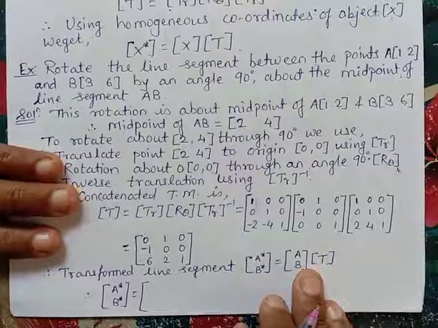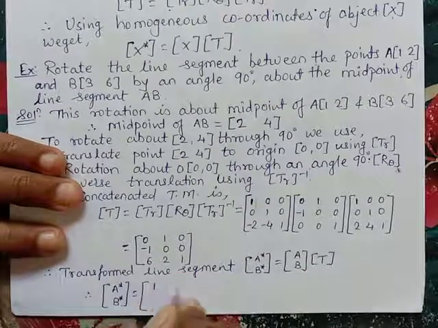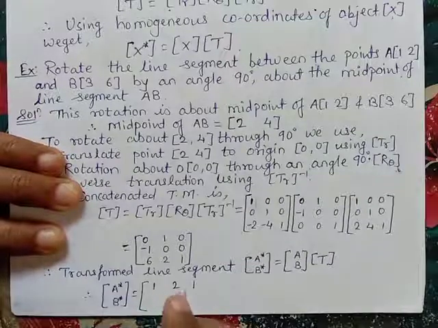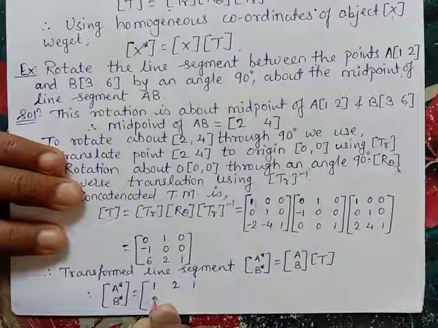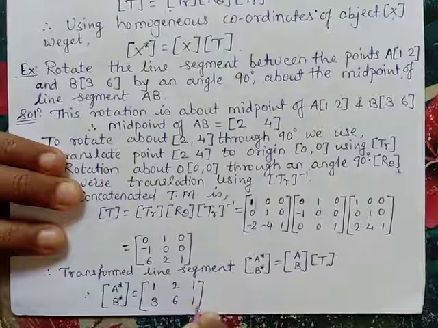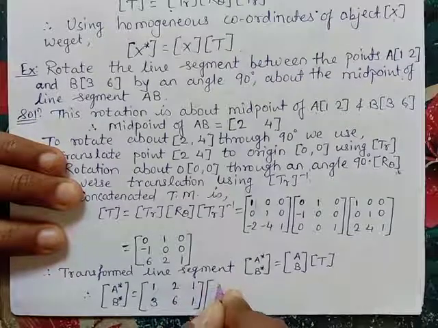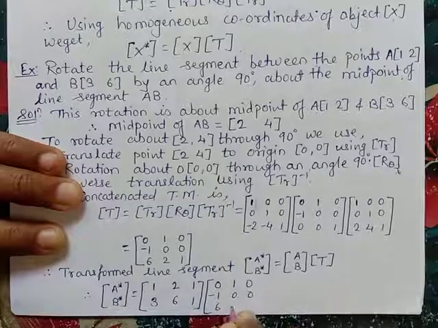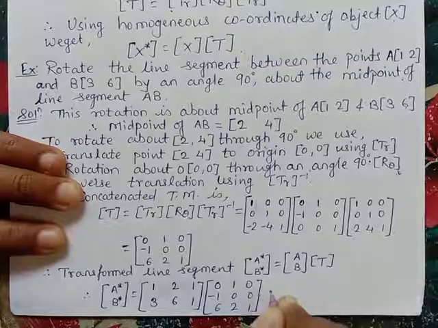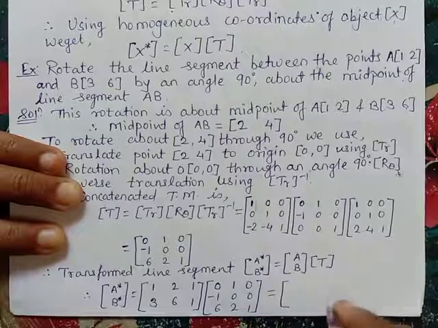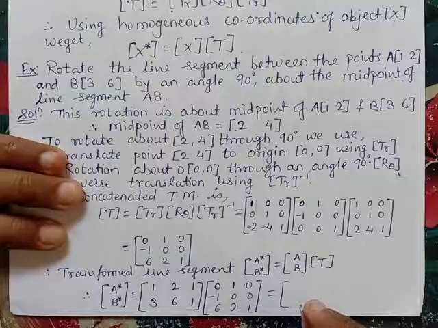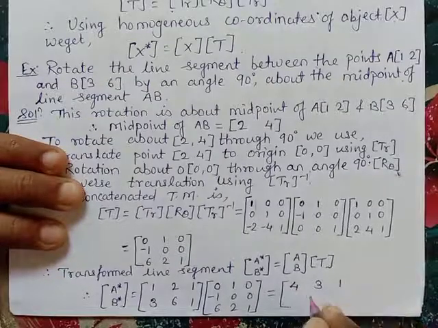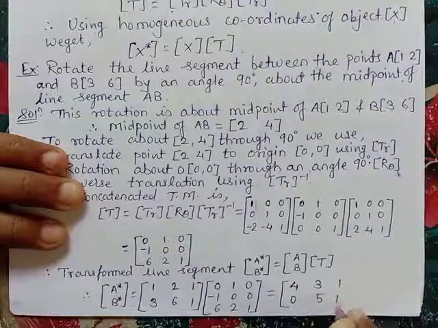Here we need to use homogeneous coordinates. Remember, A having coordinates 1, 2 and homogeneous coordinate 1 we are using. B having coordinates 3, 6 and 1 we will use, and into T: 0 1 0, minus 1 0 0, 6 2 1. And this gives us a new transformed line segment having coordinates 4, 3, 1 and 0, 5, 1.